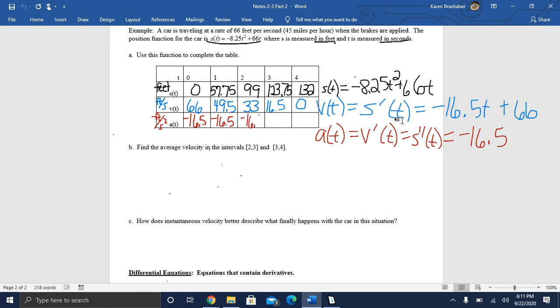So each one of these at the various times is negative 16.5 feet per second squared. In this case, it's actually deceleration.